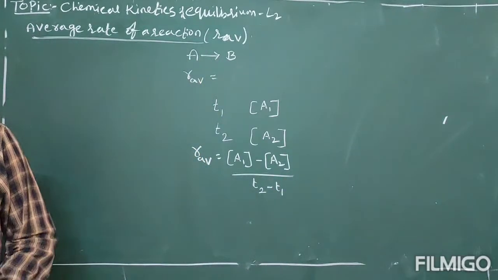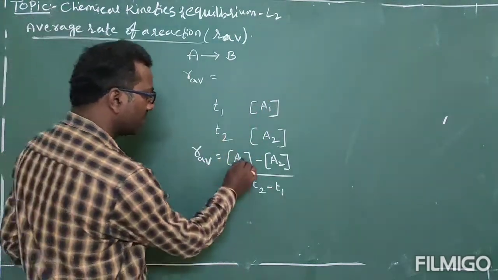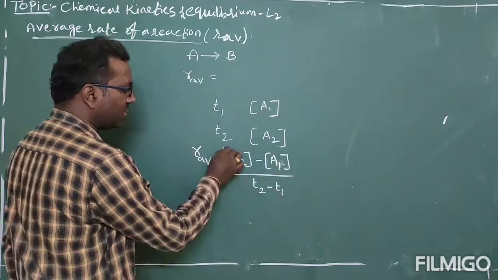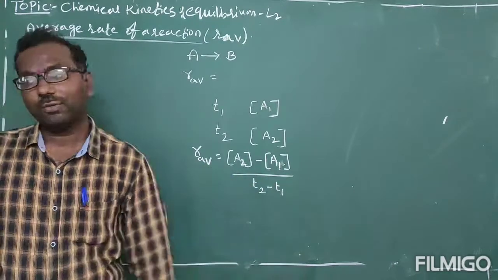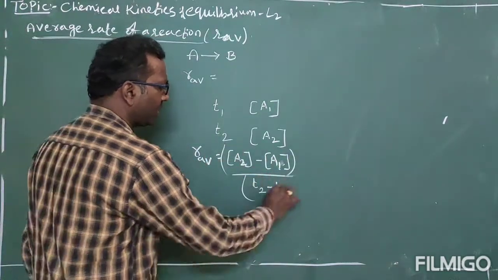Is it okay? So this is the thing we have, A2 minus A1 by T2 minus T1. This is considered as the average rate.